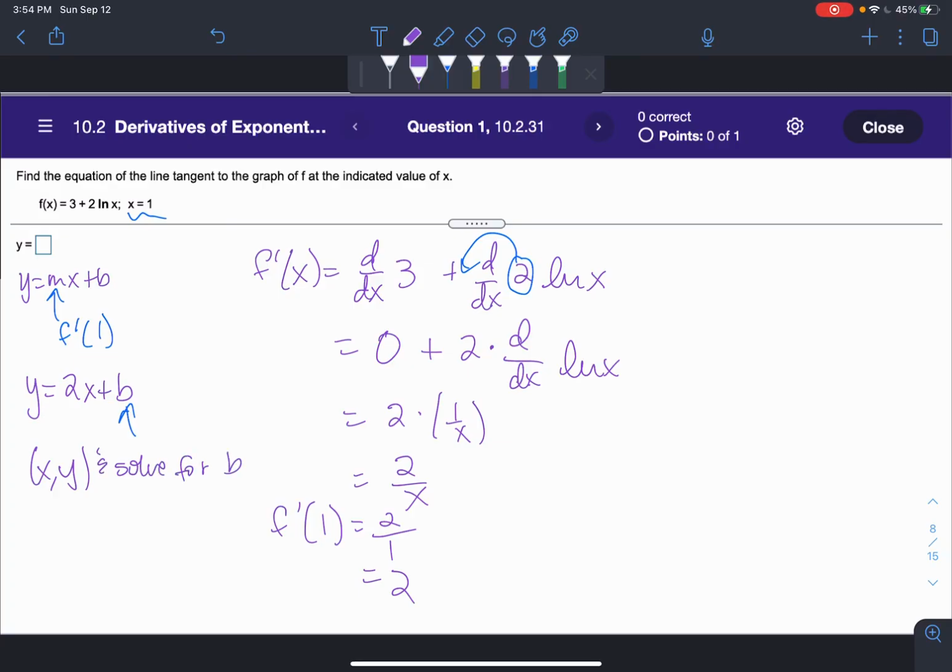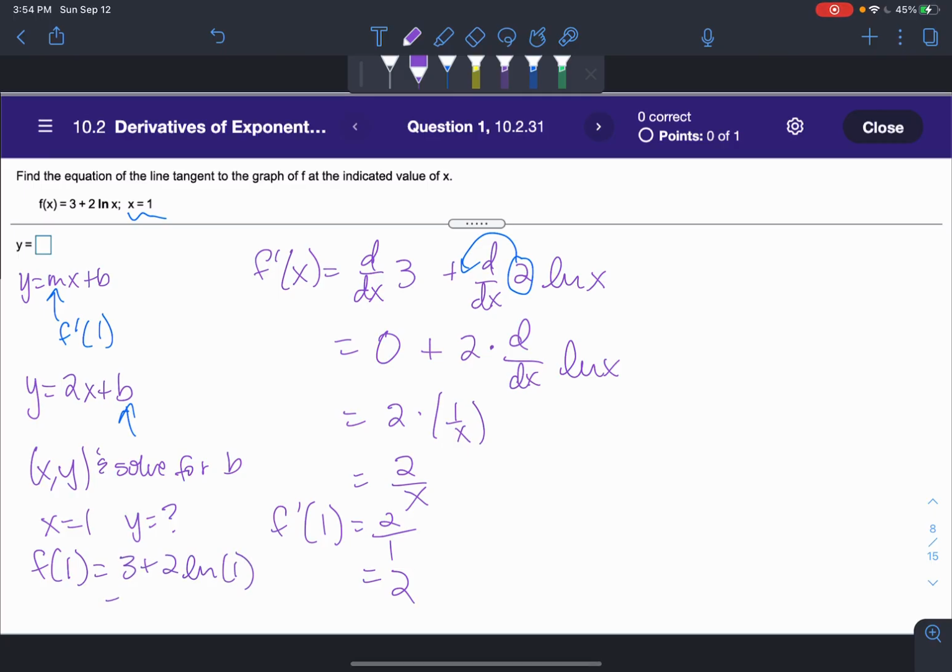Well, I know that I do have a point on the function at x equals 1. And so how do I know what the y value is? So all we do is we do f of 1, just plug in 1, and this goes in the original function, not the derivative. So 3 plus 2 natural log of 1.